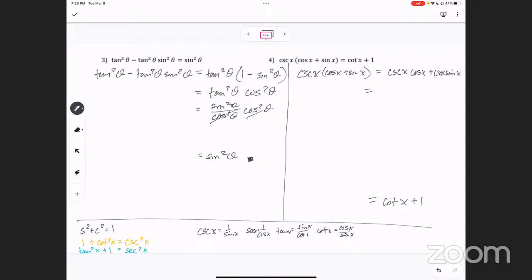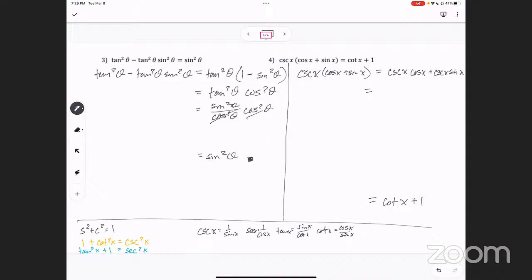What do you think, Mitchell? Wouldn't you want to get rid of the cosecants? By doing what?